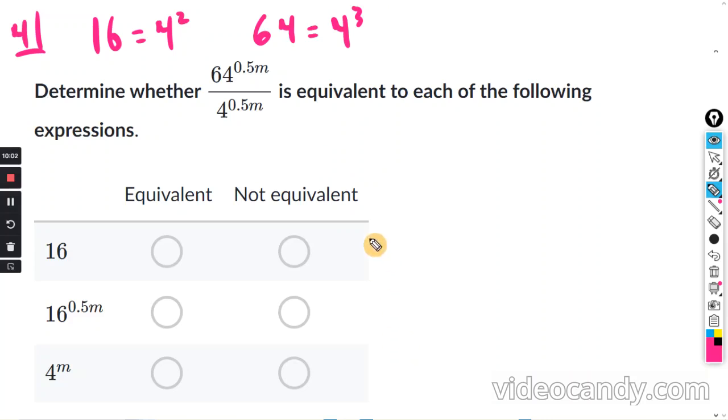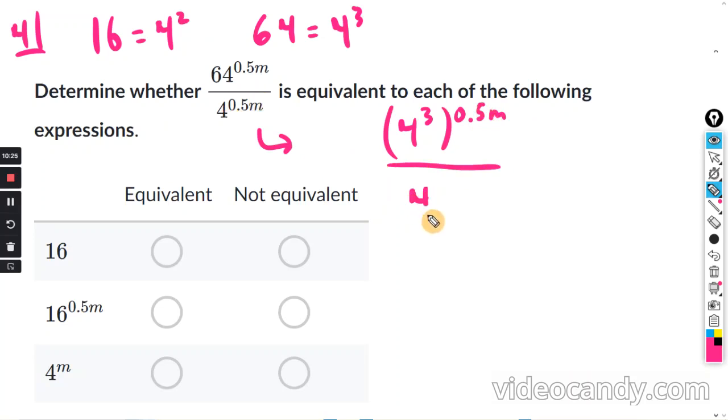All right, so let's convert the original one. I am going to replace 64 with 4 to the third. And that's raised to the power of 0.5m, and that's divided by 4 to the power of 0.5m.